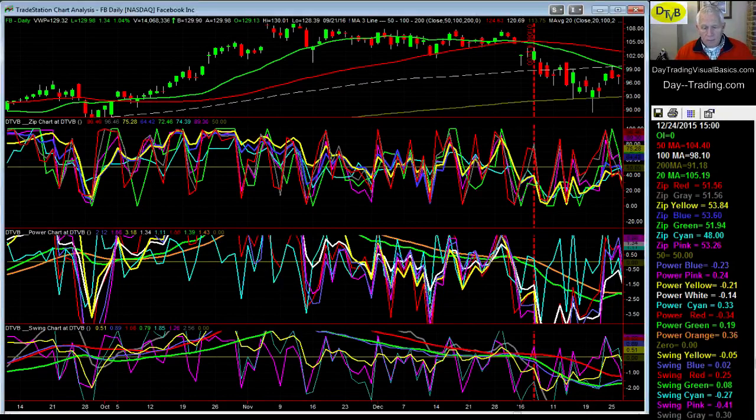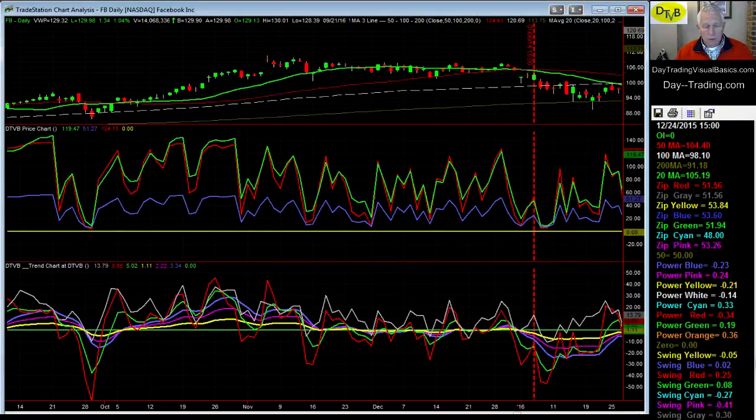And going back to the trend chart here, we see that the trio has just crossed under zero about 3 days before, and it appears to be heading down. So, but it's definitely under zero, which means that it's in a downtrend mode.